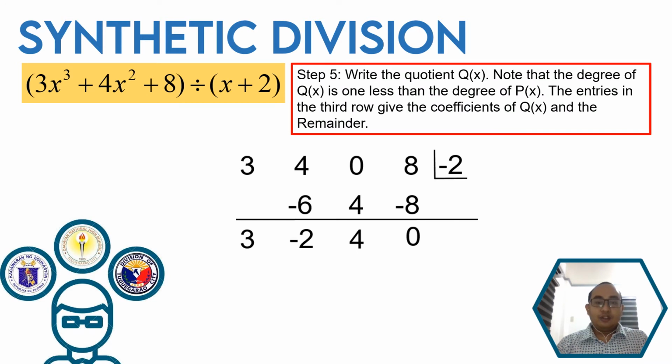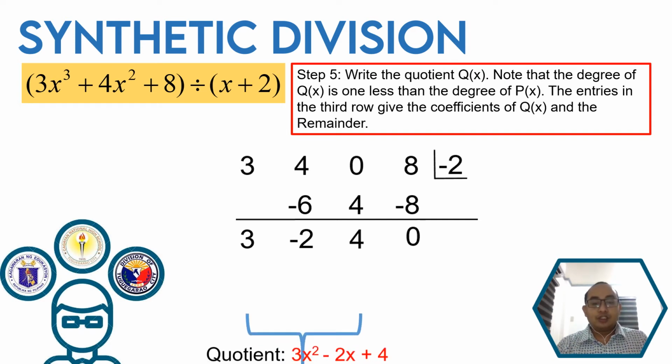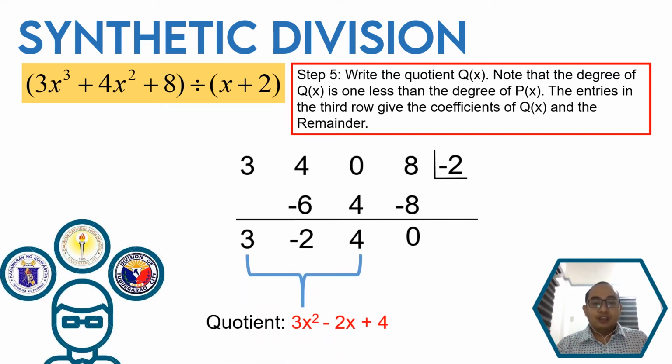Note, I should say before we write the quotient, note that the degree of the quotient q of x is 1 less than the degree of the polynomial expression p of x. The entries in the third row give the coefficients of q of x and the remainder. So this one now will give us the quotient.